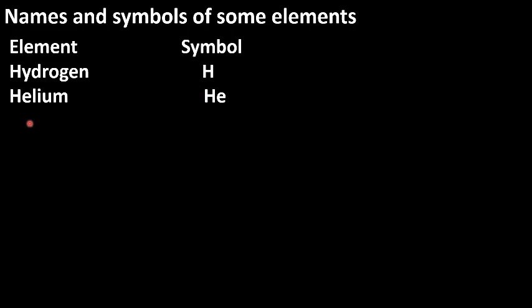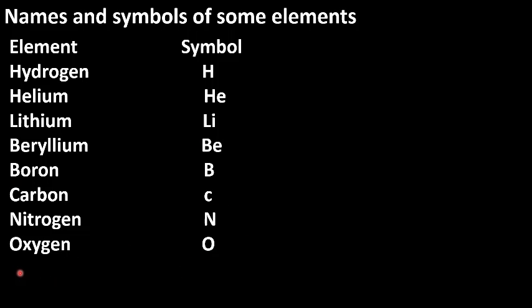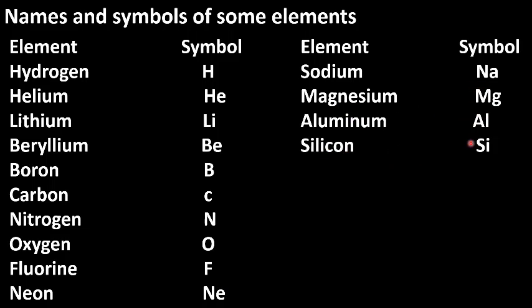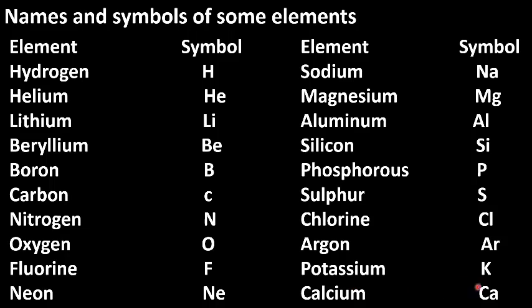Hydrogen H, helium He, lithium Li, beryllium Be, boron B, carbon C, symbol of nitrogen is N, symbol of oxygen is O, symbol of fluorine is F, symbol of neon is Ne, symbol of sodium Na, magnesium Mg, aluminum Al, silicon Si, phosphorus P, sulfur S, chlorine Cl, argon Ar, potassium K, calcium Ca.